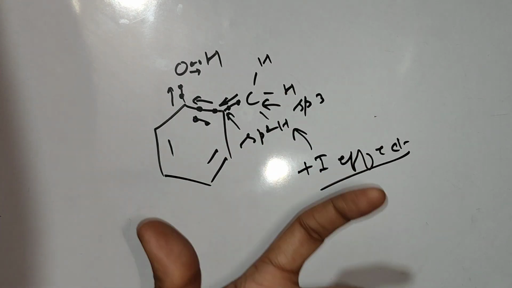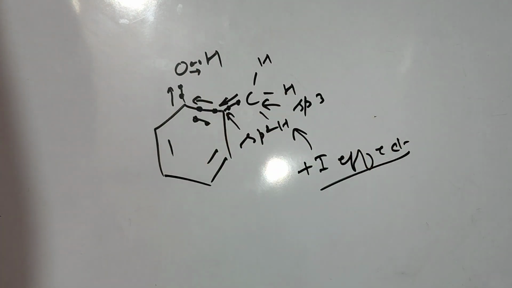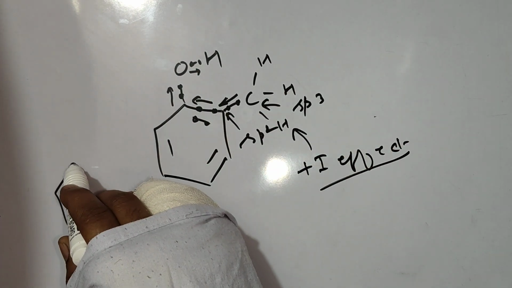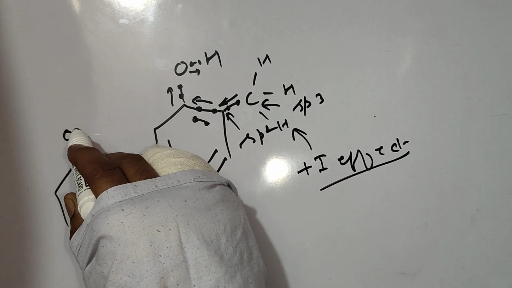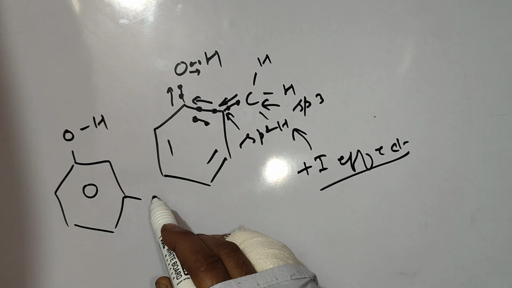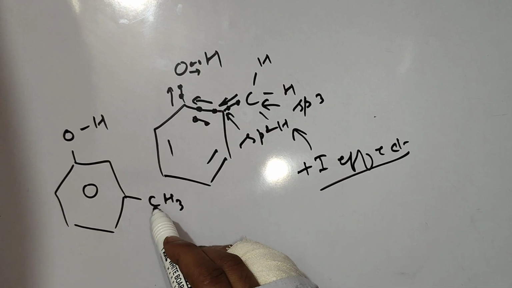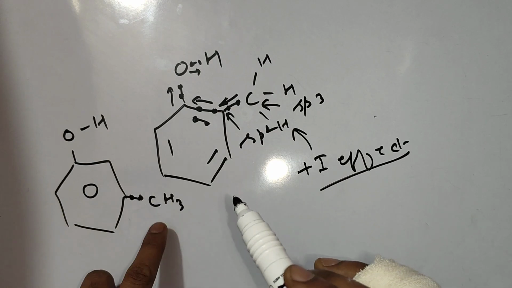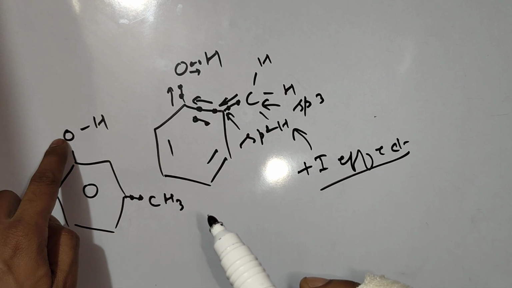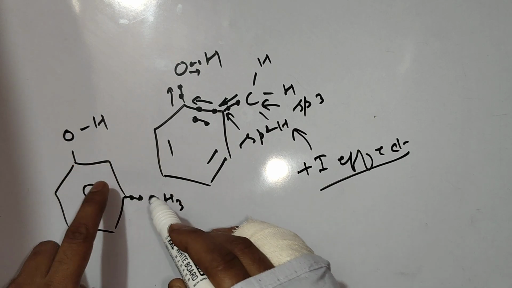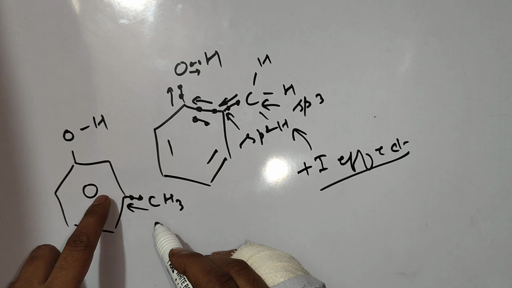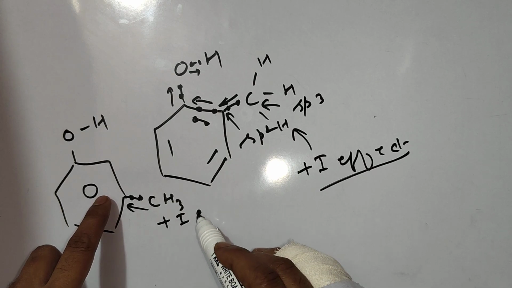And plus I effect also depends on distance, like minus I effect. If I say the CH3 group is here, then obviously between the CH3 group and OH, the distance is increased. How many carbons are between them? 1, 2, 3. So the plus I effect will be there.